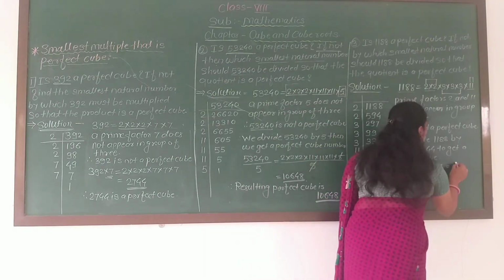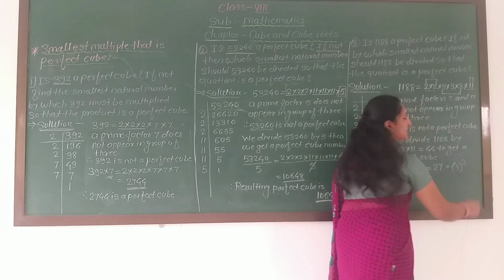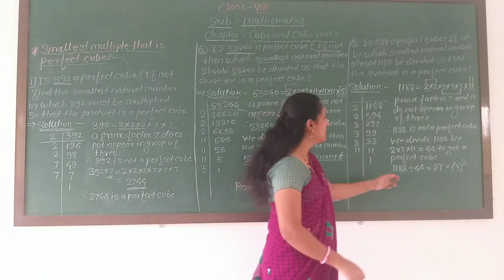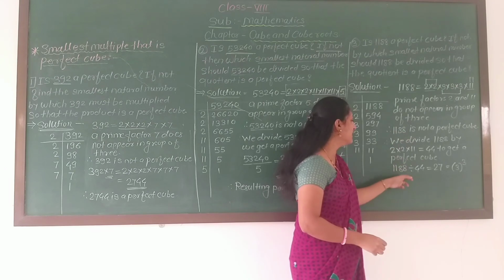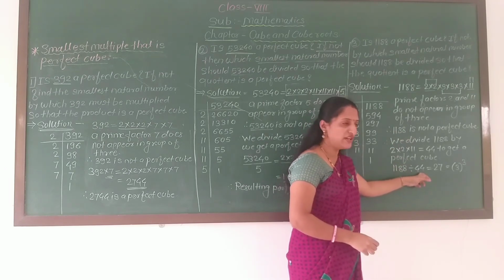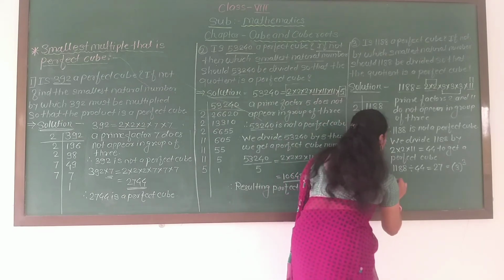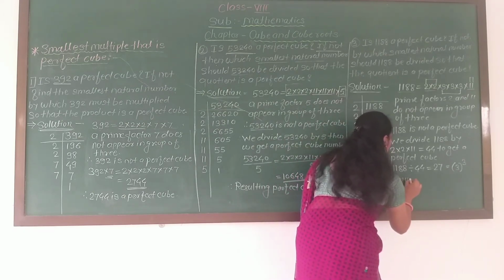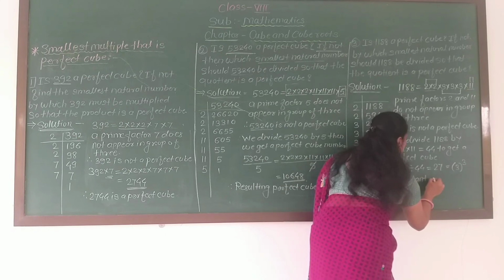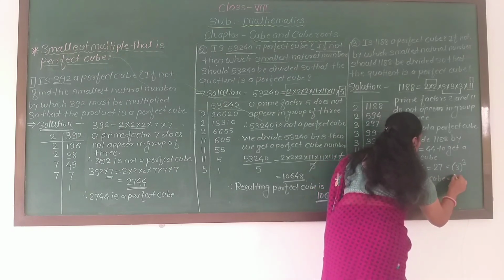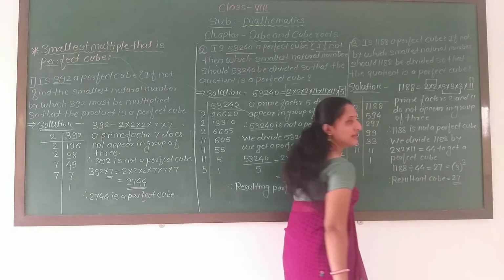And as you know, 27 is the cube of 3. That means whenever we divide the number 1188 by 44, we get a perfect cube, and the resultant cube is equal to 27.